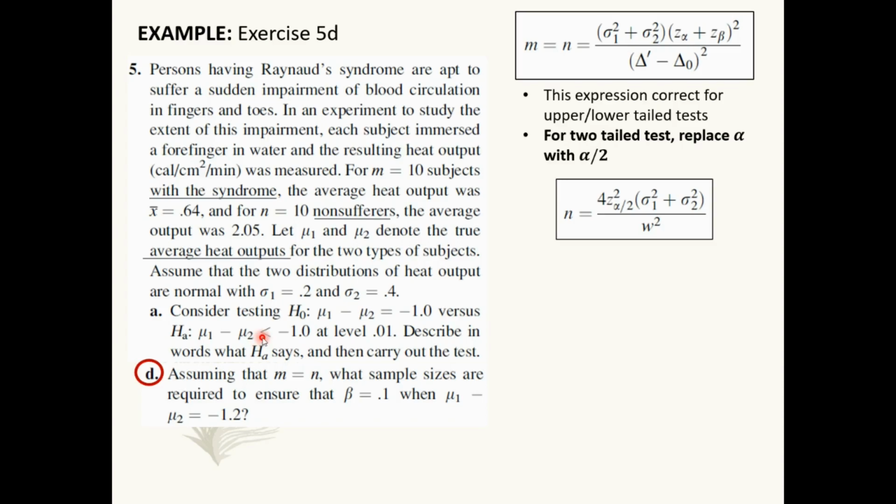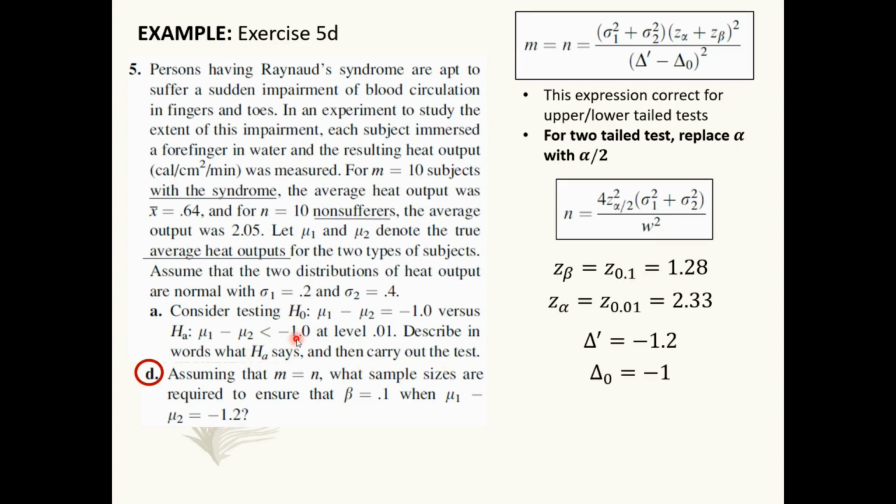This is a one-tail test, so you don't need to do this modification. We're going to use the formula as is, and we just identify everything. So Z beta, the area to the right of 1.28 is 0.1. Calculate your Z alpha, we did that already.